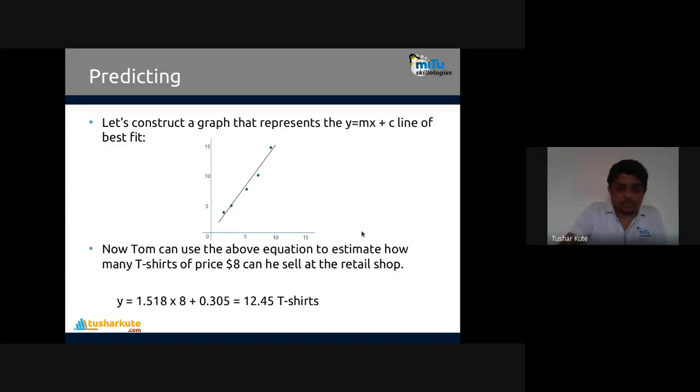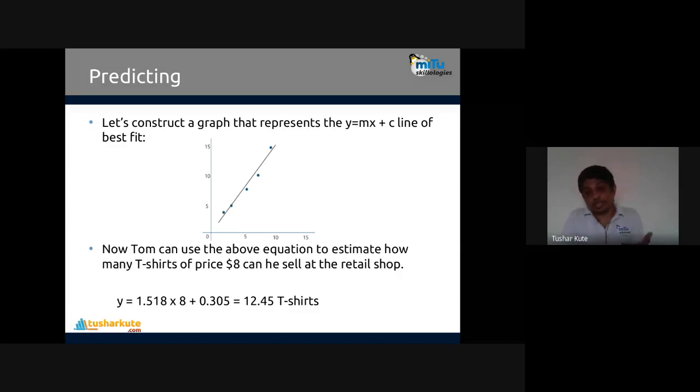You can see this one. This is the actual data input and here we have the output. The original points are shown as blue dots in the scatter plot, and the line drawn at the center, at the averaging of all, is calculated using this m and c.